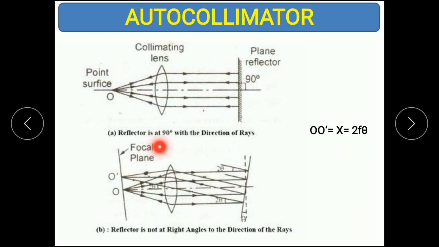Focal length is constant for a given collimating lens, it is a particular value. And theta is the angle of tilt. Whatever value of theta we get from this equation will be in radians.